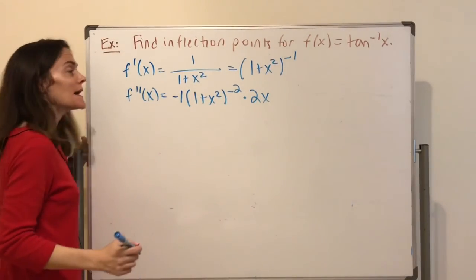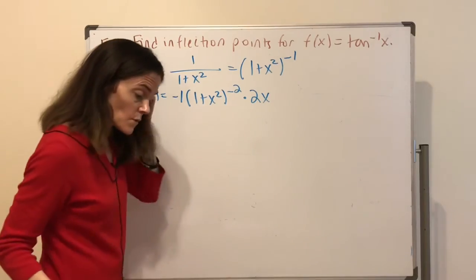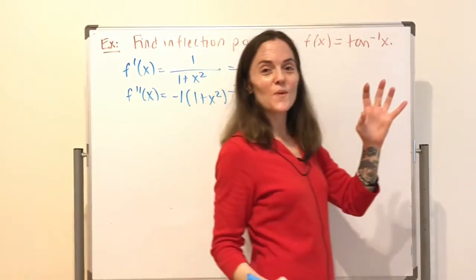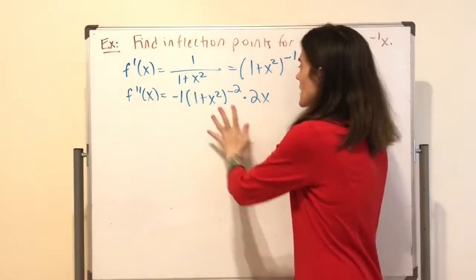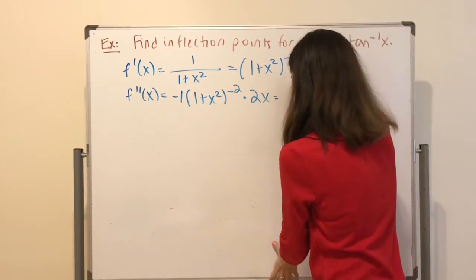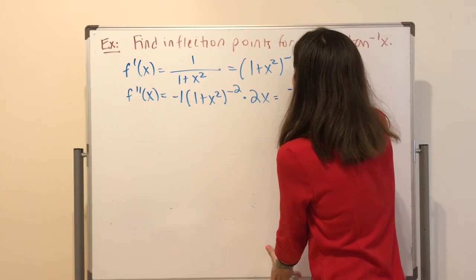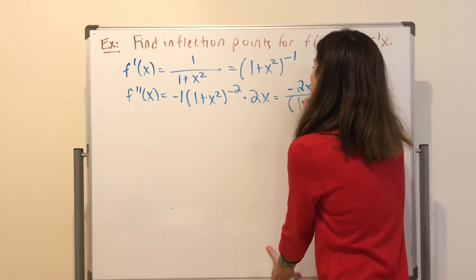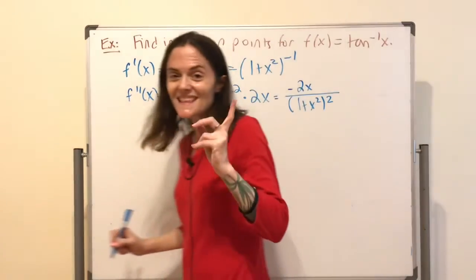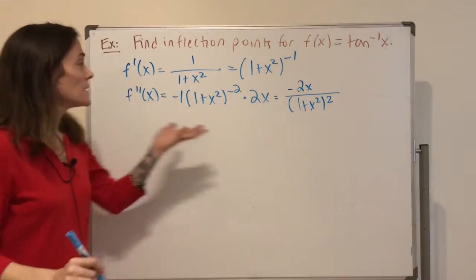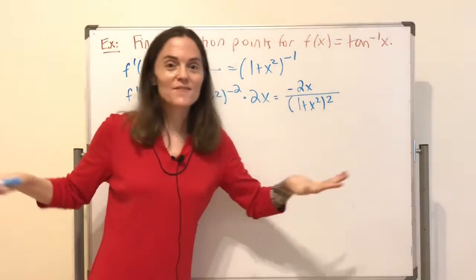Okay, but you see, possible inflection points are where the second derivative is 0 or does not exist. So let me write this in a way we can more easily set it to 0, like this. Okay, if we look at this second derivative, this is defined everywhere.